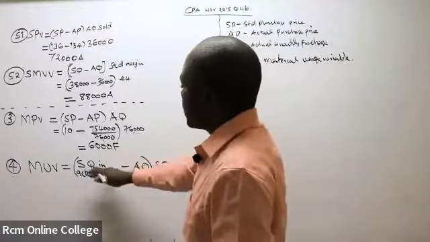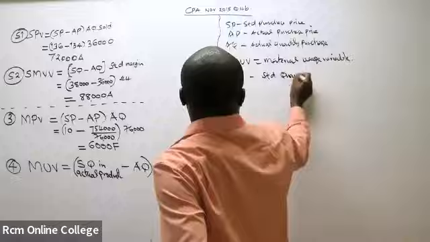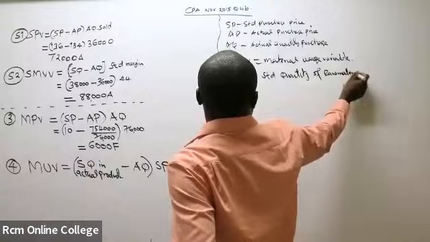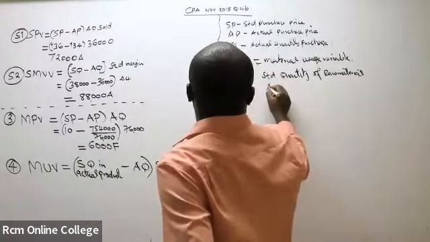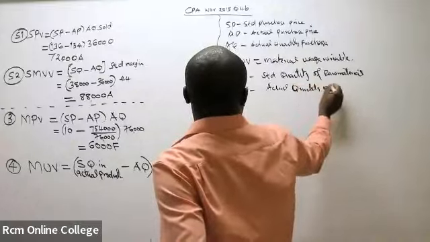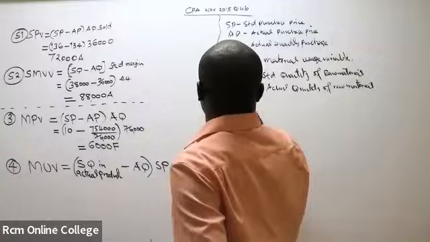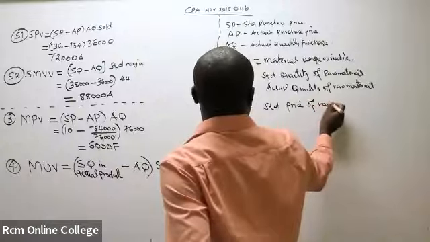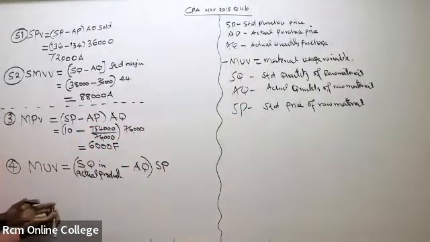So when dealing with raw material, SQ is standard quantity of raw material, then actual quantity of raw material, then SP, standard price of raw material. Good. So let's come to this part.